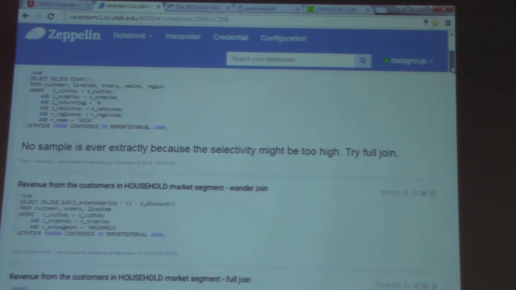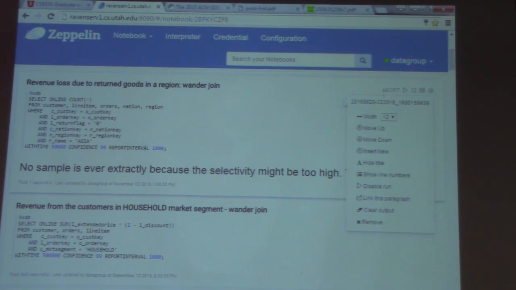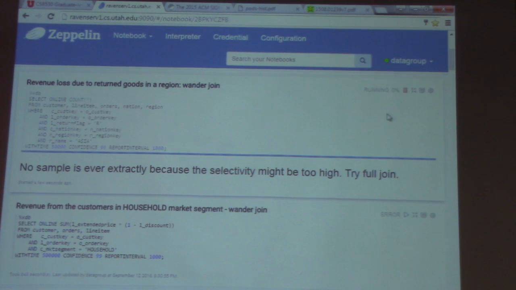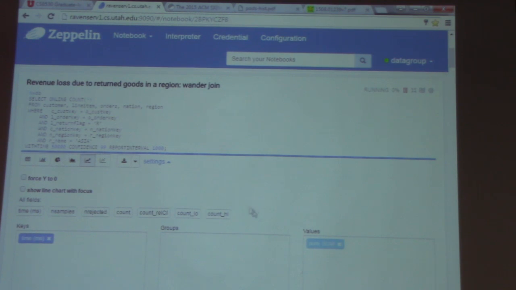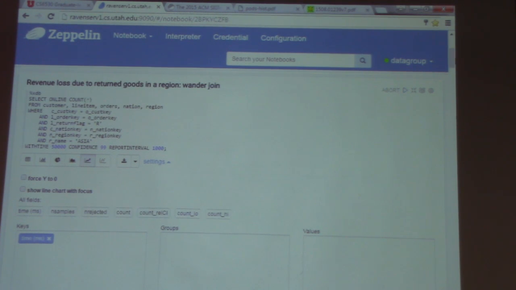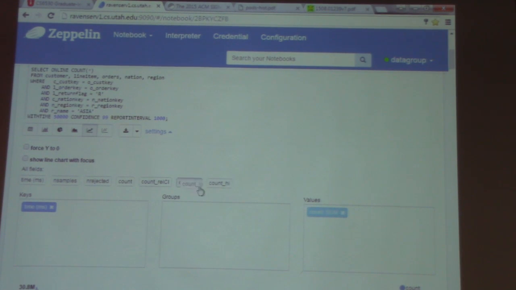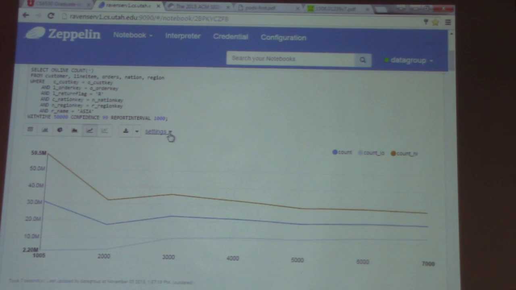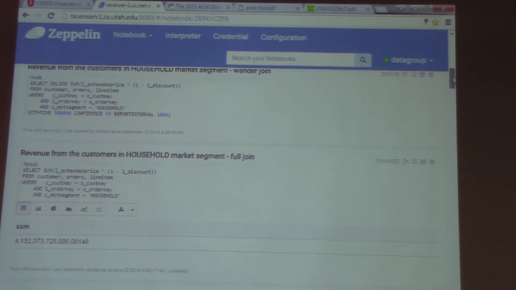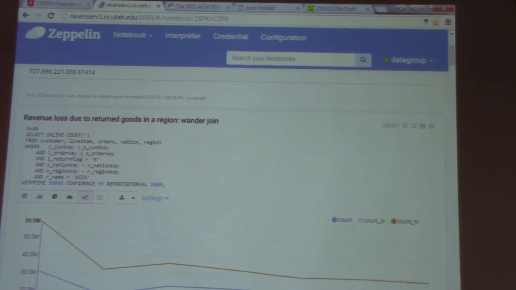Not this one, I'm looking at this one. Okay. Now I will run this query, right? This is the same query, by the way, connected to the same database.